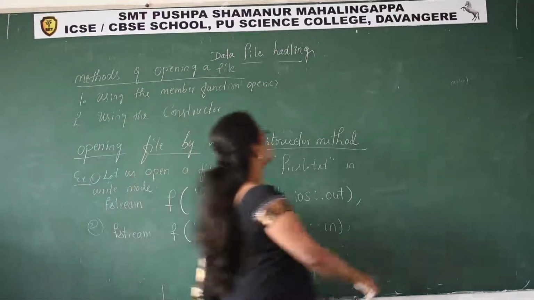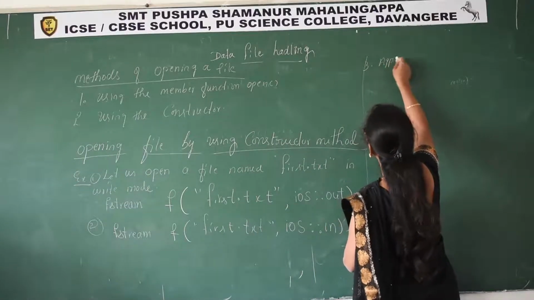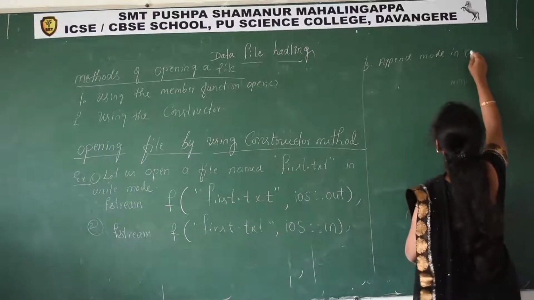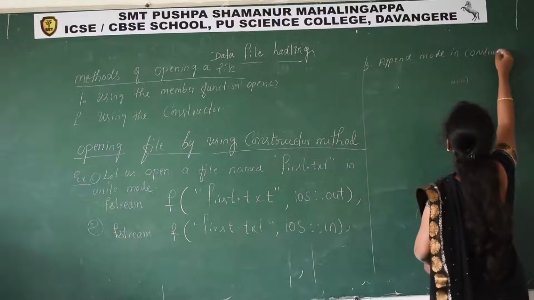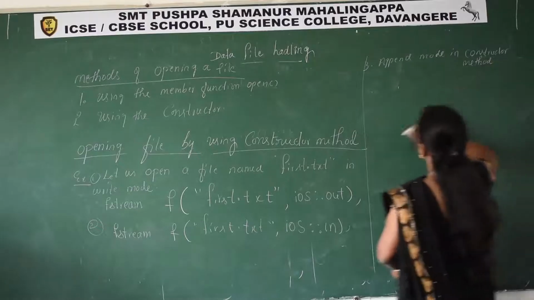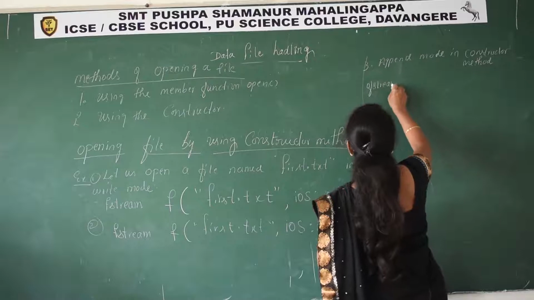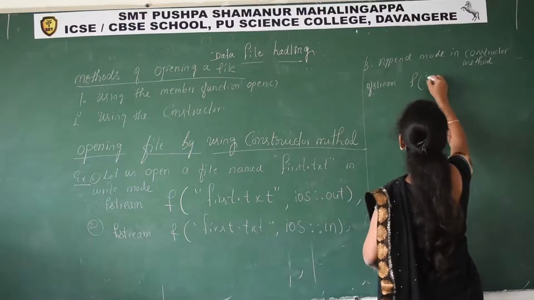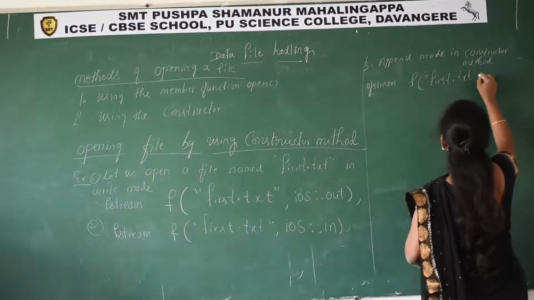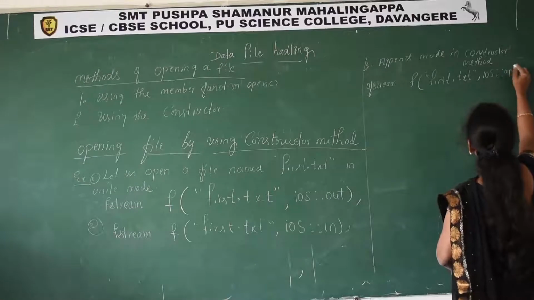Third, append mode in constructor method. OF stream F, open first dot txt, comma ios scope resolution app, semicolon.